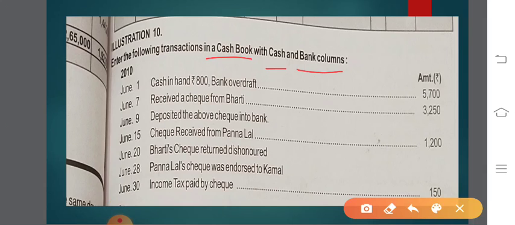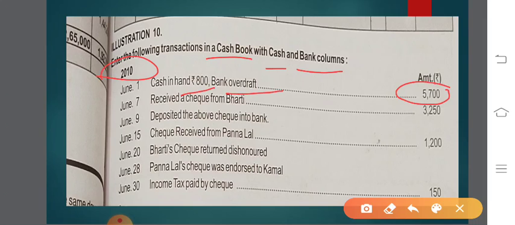The first point is on June 1st, 2010. On June 1st, 2010, cash in hand is rupees 800 and bank overdraft is rupees 5700.